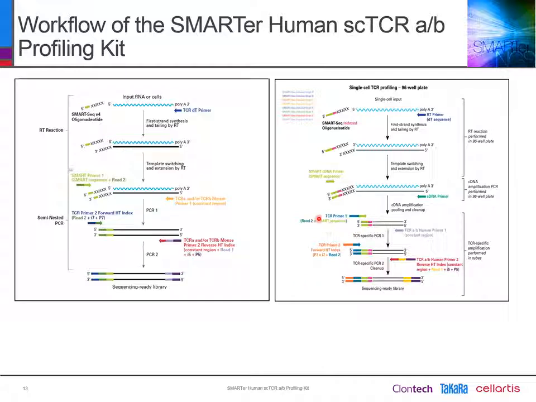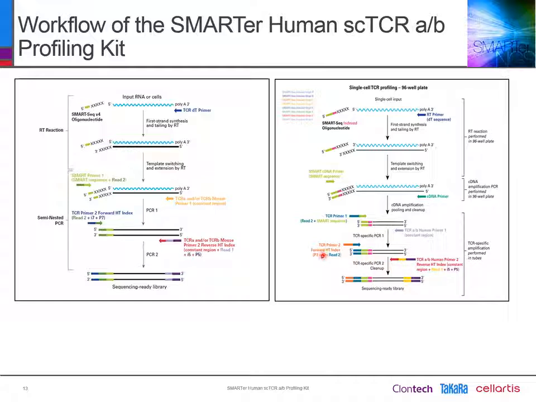Again, like the other kit, we have incorporated on the 5' end a TCR primer 1 where you have Illumina read primer 2, the SMART sequence. And on the reverse primer, you have the constant region from the alpha or beta. By this PCR, what you end up with is a double-stranded product where you have incorporated part of the read primer 2 as well as the constant region sequence.